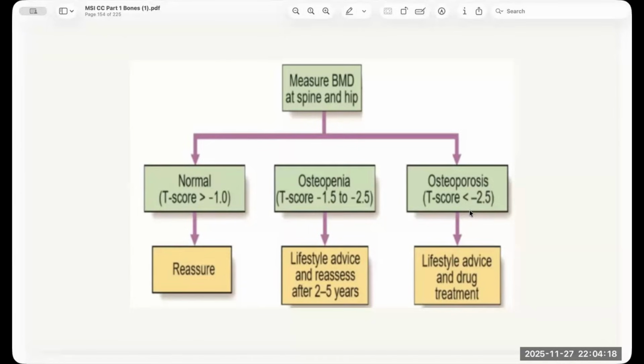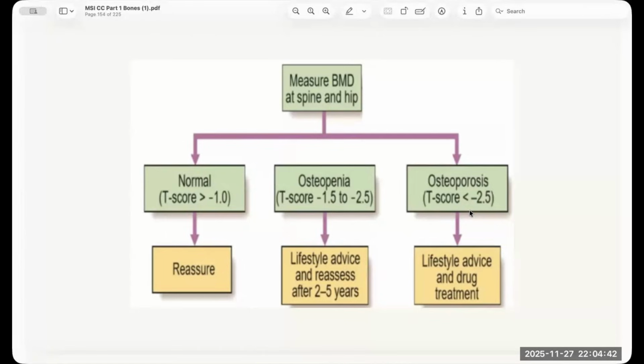So the patient is advised with lifestyle changes and they reassess over the years and take care of themselves, with all of the lifestyle modifications that we talked about, and hopefully it won't proceed into osteoporosis.